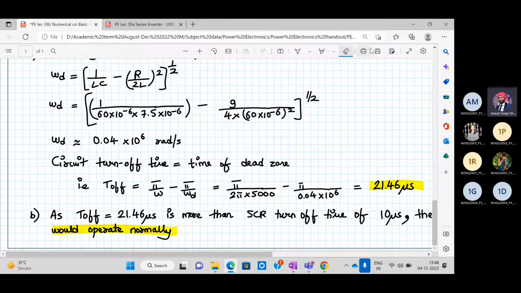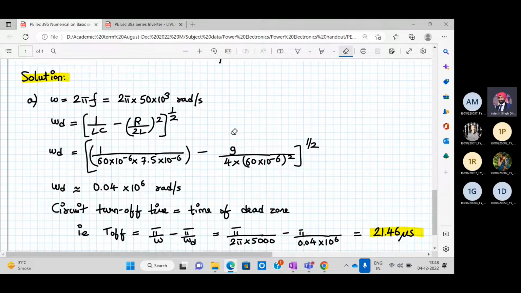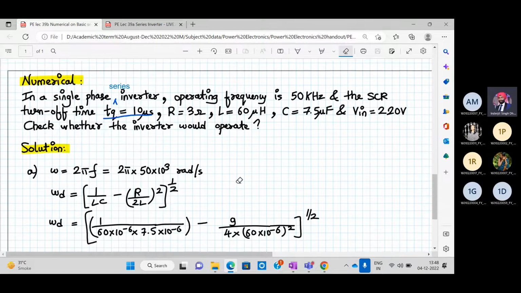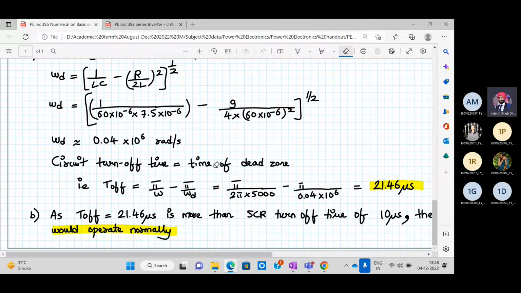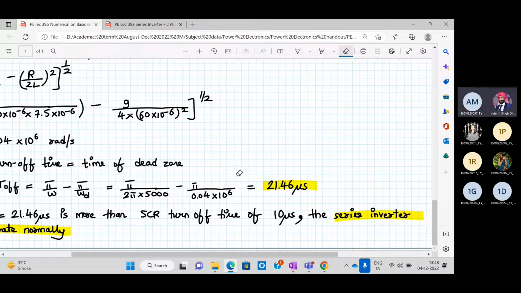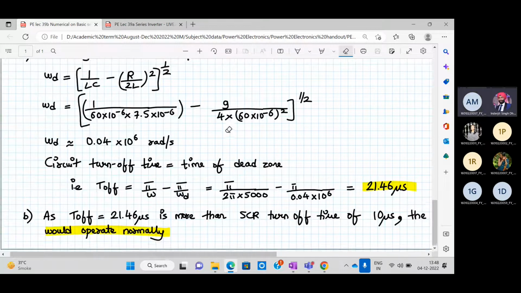And my recommendation is please solve, don't miss out on any numerical which we have solved till date in the last 39 lectures. All right. Has everyone completed? Can someone confirm, did you get these values? Yes, sir. Okay, all right.